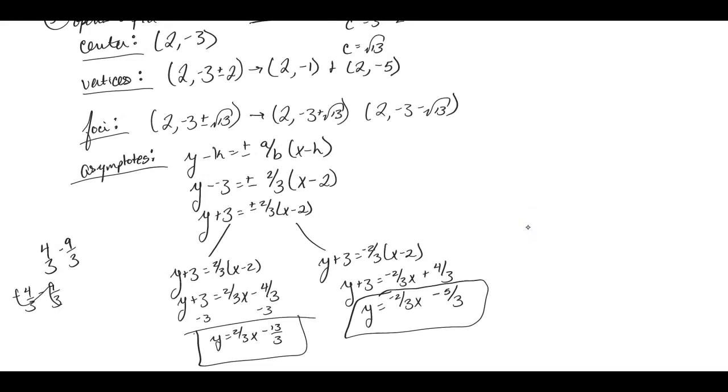So if we wanted a quick sketch of what this would look like, I draw my Cartesian plane. So I'm going to start by drawing these guys. And I'm in the center because we know they're going to cross in the center. So it centers at 2, negative 3.